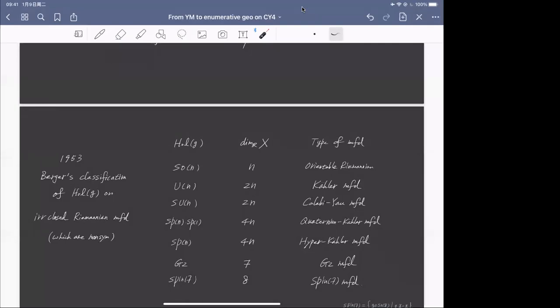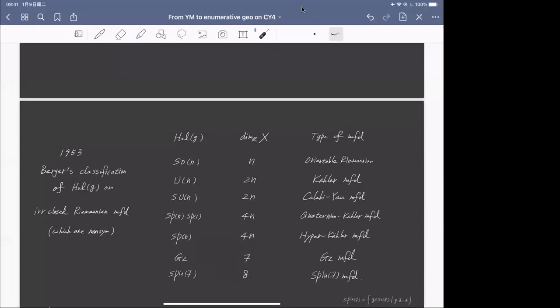You don't need to know what non-symmetric is, and you don't need to know what a holonomy group is. The only thing you need to know is that this is a classification of Riemannian manifolds based on some property of them, which is called the holonomy group. Okay, let's look at the list.